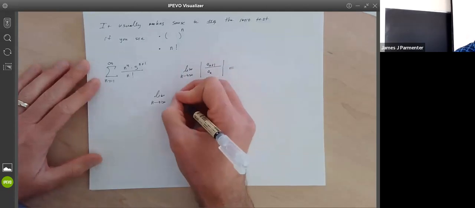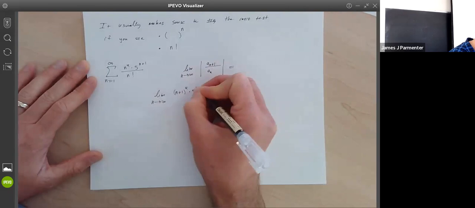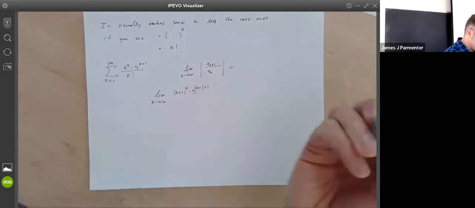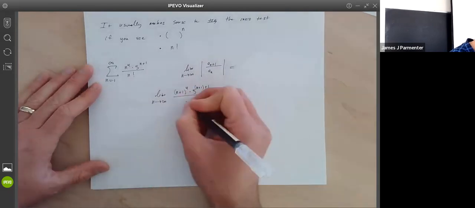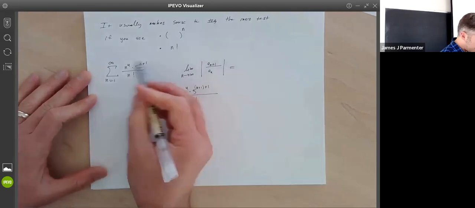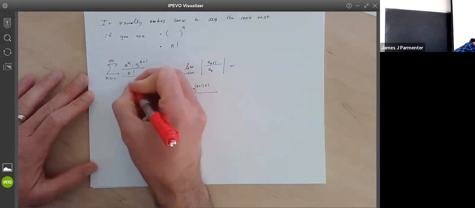So I'm going to have n plus 1 to the 4th times 5 to the n plus 1 plus 1, which, yes, you could write as n plus 2, but I'm trying to show all the steps, over n plus 1 factorial.